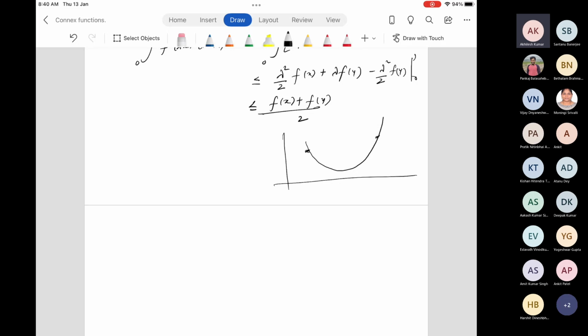Jensen's inequality is a good way to start to tell about convex functions, but can we really use it to prove the convexity of a function?